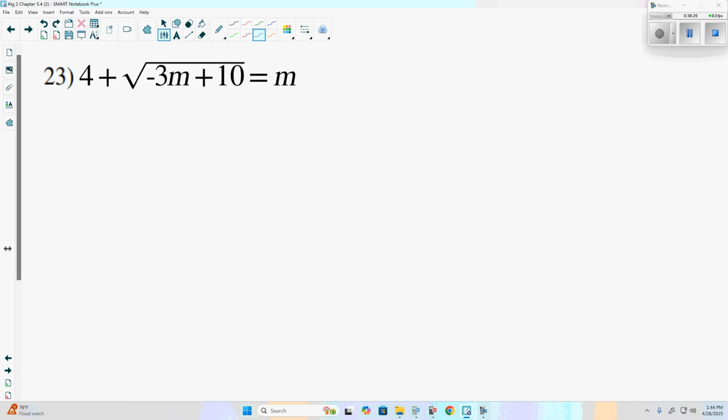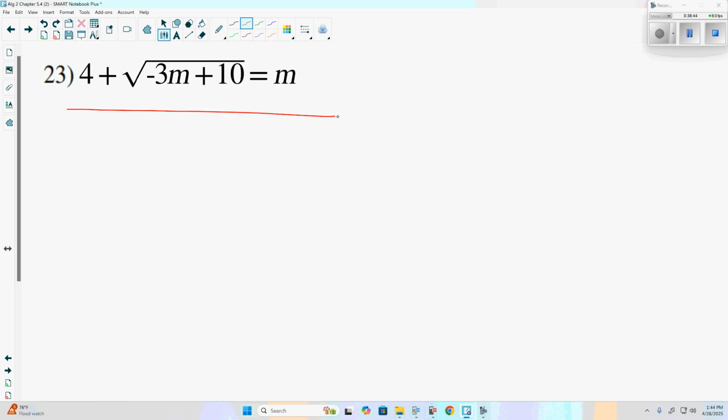23. 4 plus the square root of negative 3m plus 10 equals m. So looking at this here, we do have one radical. Is it by itself?